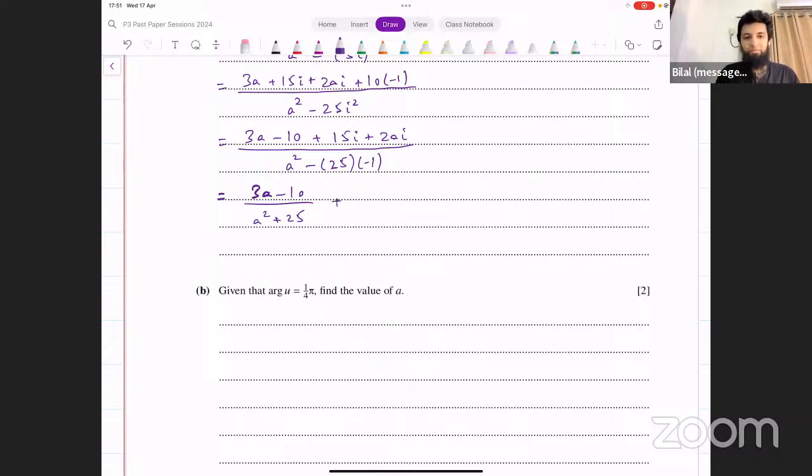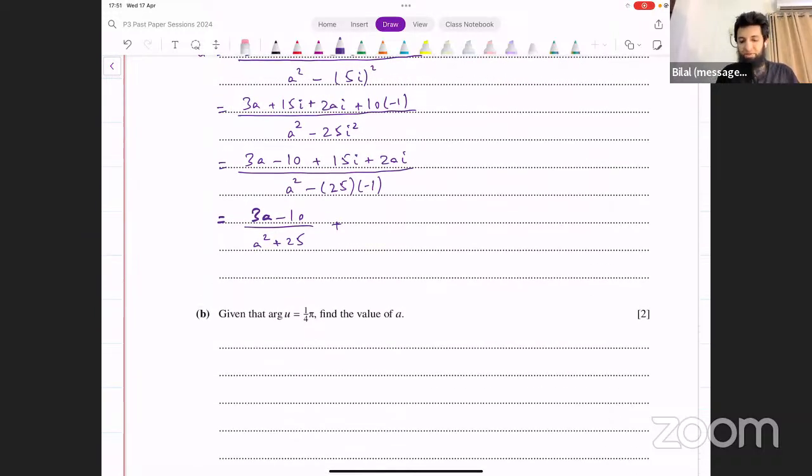And then we have the imaginary part, 15 iota plus 2a iota. Now this as well, you should write it as a single term, as in iota should be separated. What's the whole imaginary part? The imaginary part is 15 plus 2a. Take iota common. And then in the denominator, you have a squared plus 25.